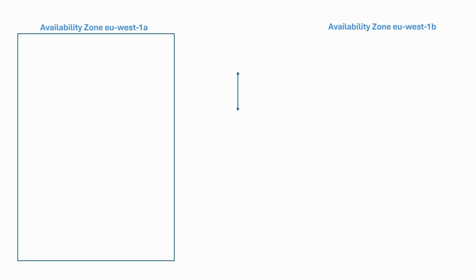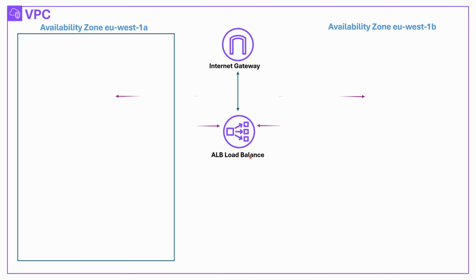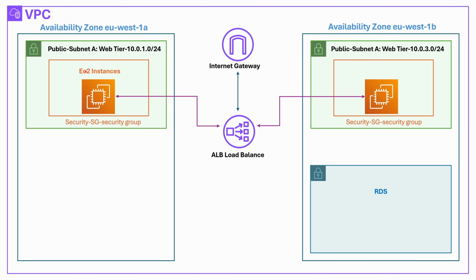Now, let us break down the flow of this architecture step by step. Firstly, a user makes a request from their browser. It first hits the internet gateway. From there, the traffic is sent to the application load balancer, which decides which web server to use. The application load balancer then forwards the request to one of the EC2 instances running in the public subnets across both availability zones, which are EU West 1A and EU West 1B.